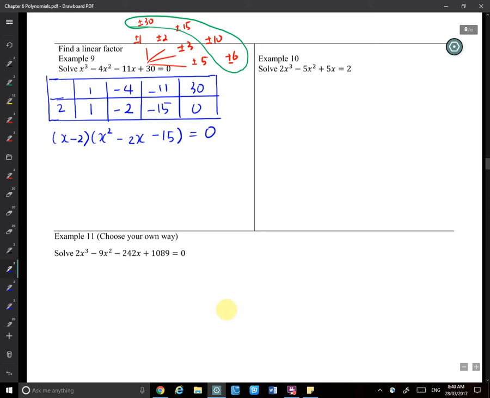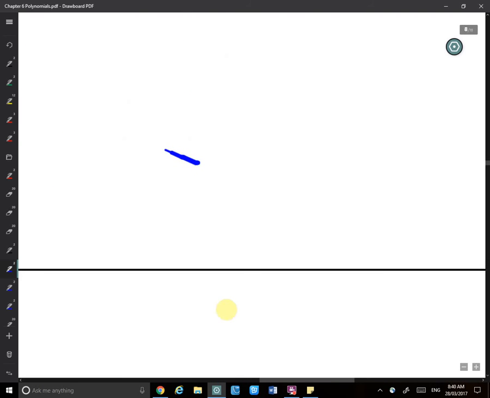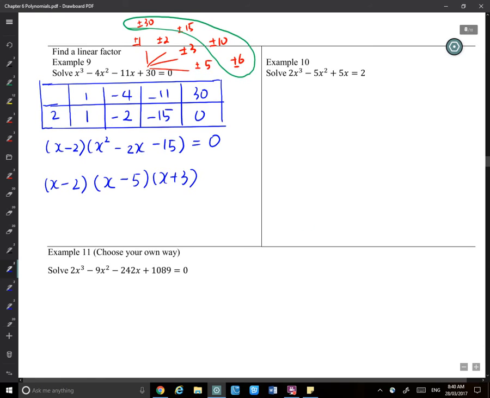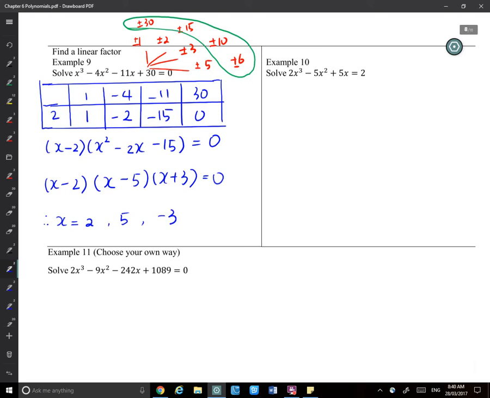Then I will factorize this quadratic. That gives me x minus 5 and x plus 3. Plus 3 and minus 5 gives me -2, and minus 5 times plus 3 gives me -15. This one will work. That equals 0, so x will be 2, 5, or -3. We have 3 solutions: 2, 5, or -3.